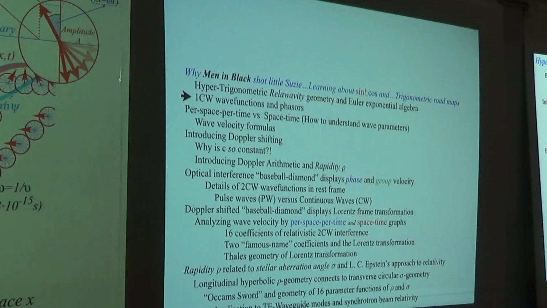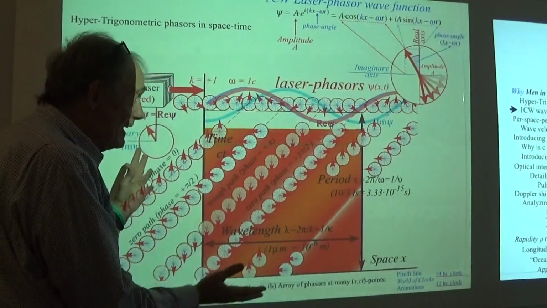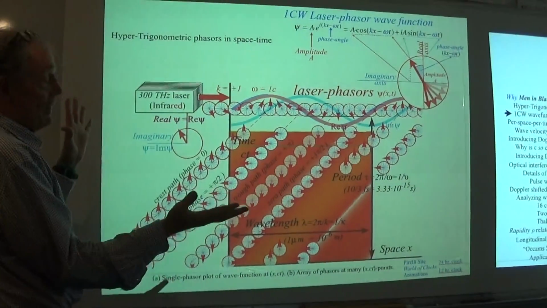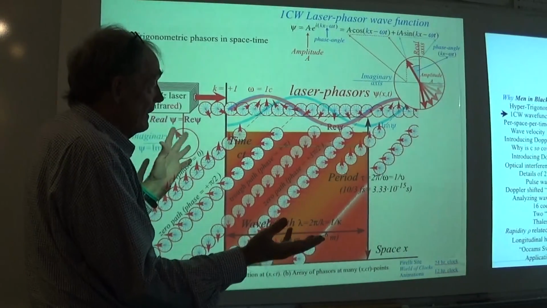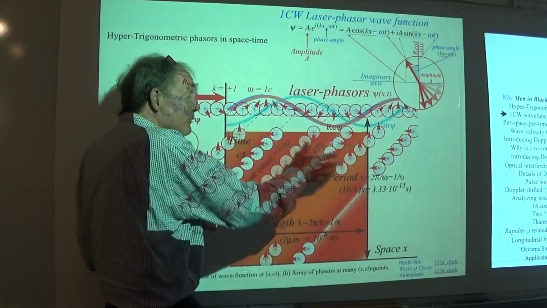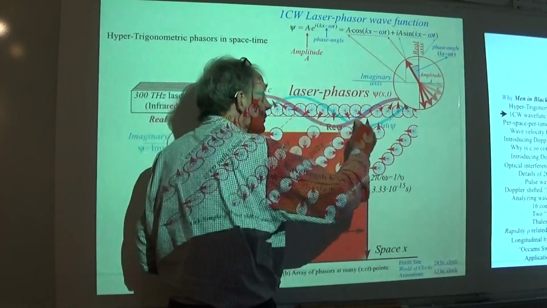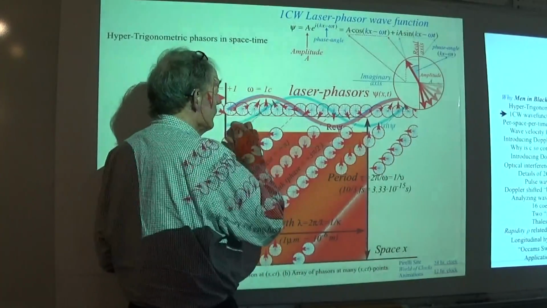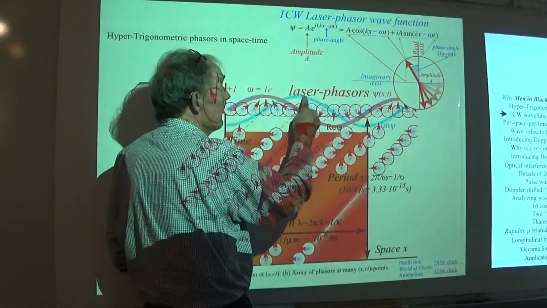Now, here is a picture of a space-time gauge diagram, the way I would draw it, and I just ran out of space to put down an infinite number of phasors, but that's what we have. We have a wave that's varying continuously, and this is the wave, and then this is the imaginary part.